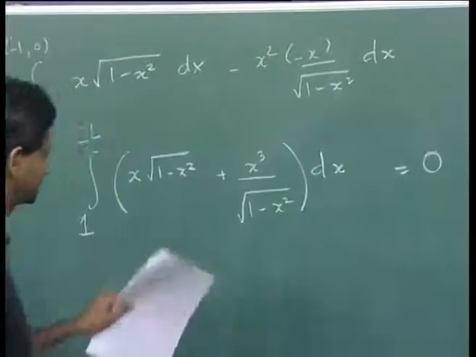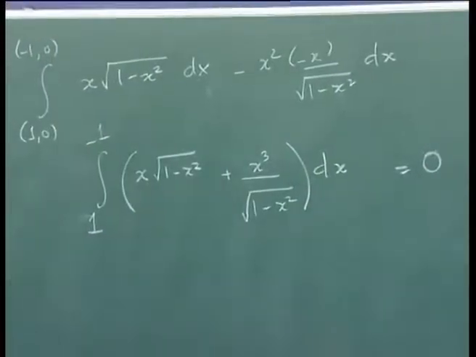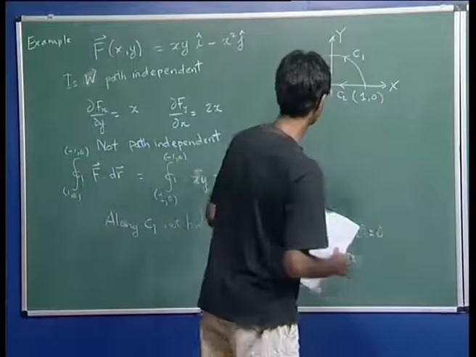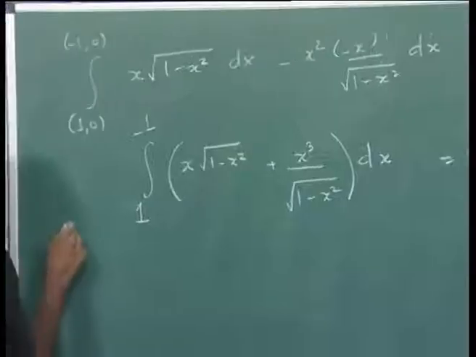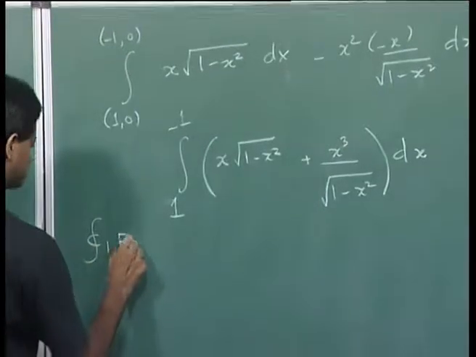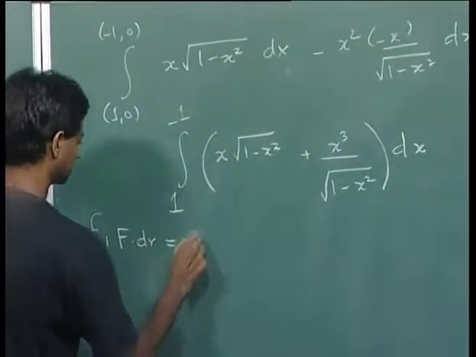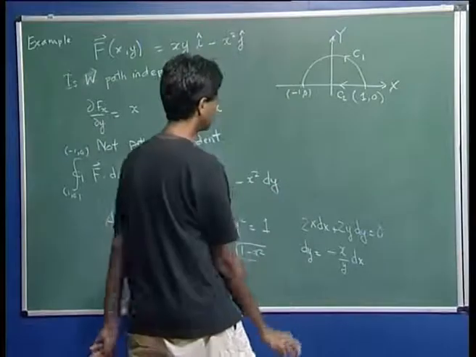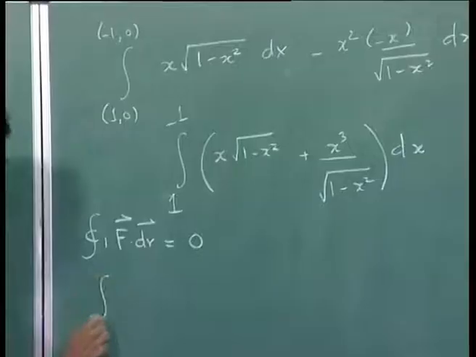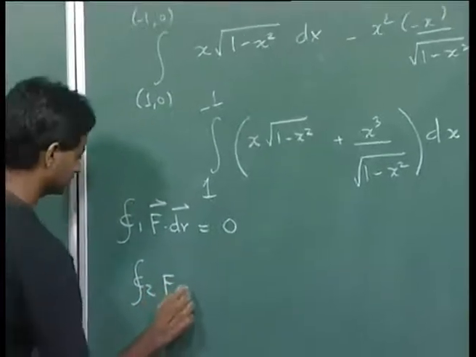So, you can evaluate this integral and you will get it equal to 0. Therefore, you will say that the integral over C1 of f dot dr equals 0. Now, what about the integral over C2 of f dot dr?